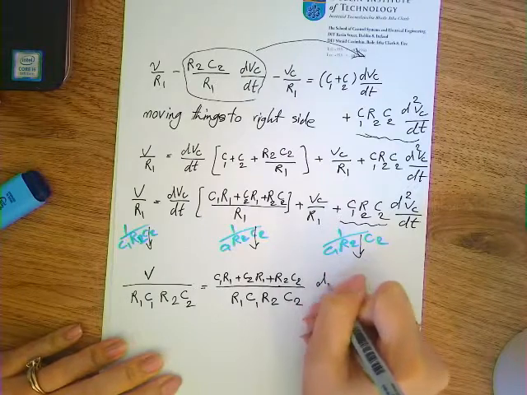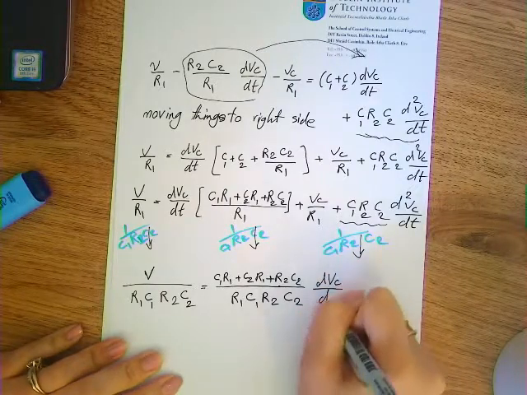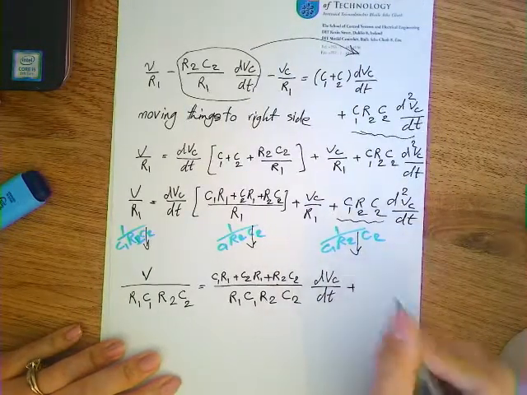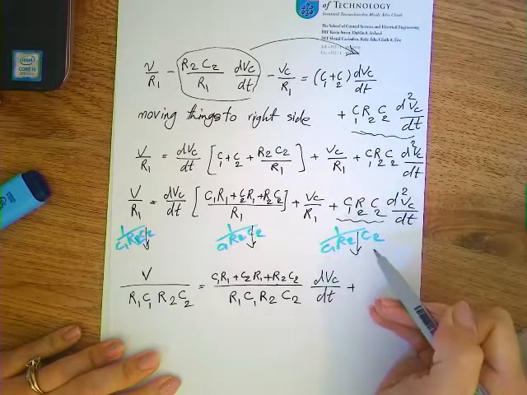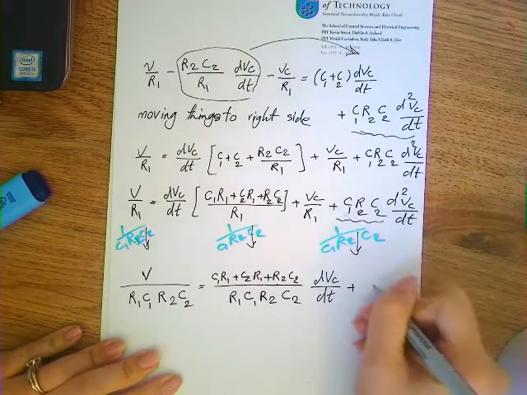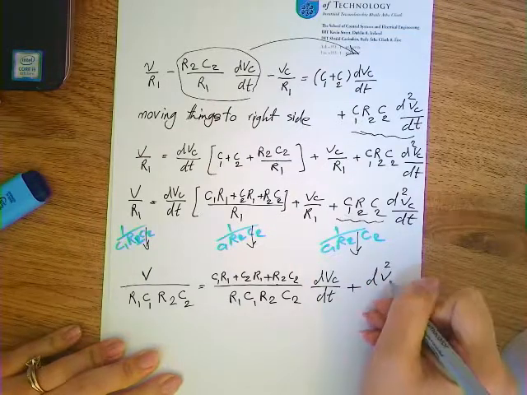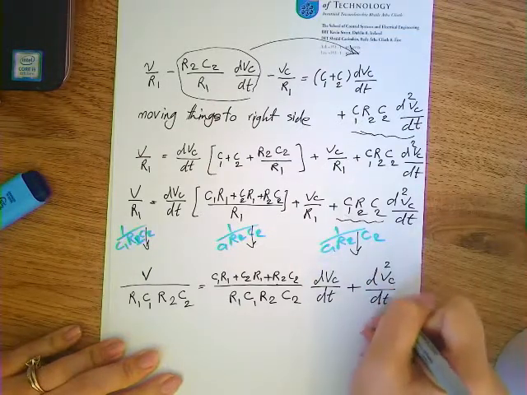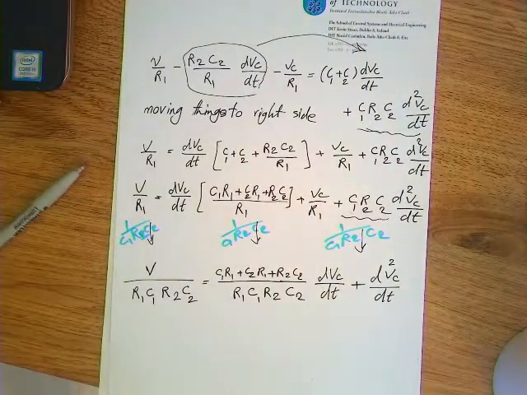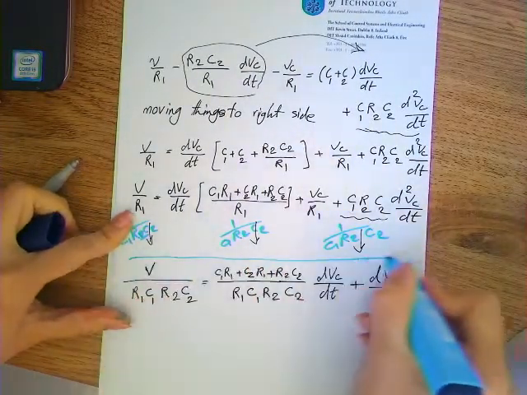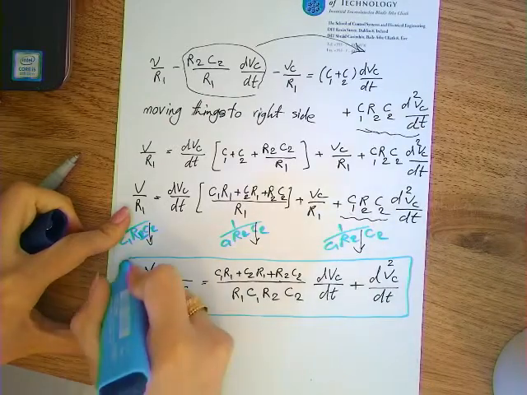Now I have my dVc/dt, and then this one divided by this one, they cancel each other and become 1. So I will have a clean looking second derivative of Vc over dt, and that will be the final result for the relationship between the input and the output.